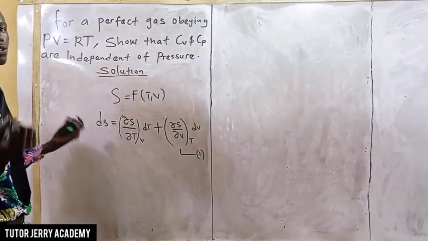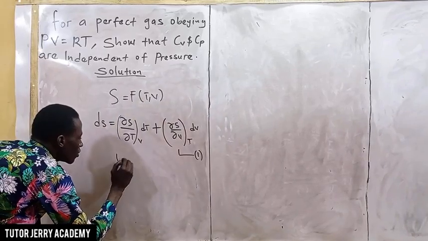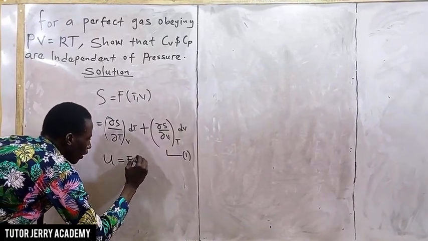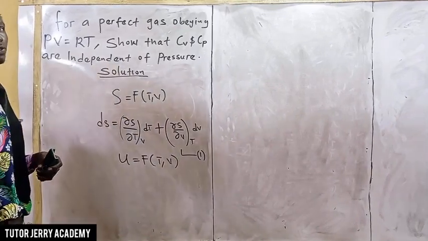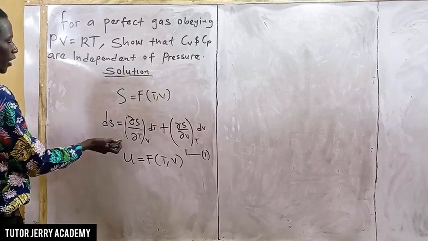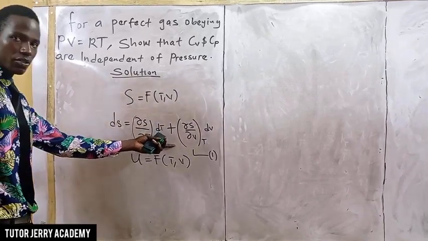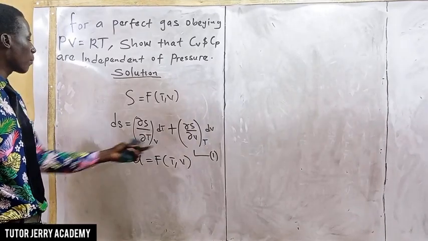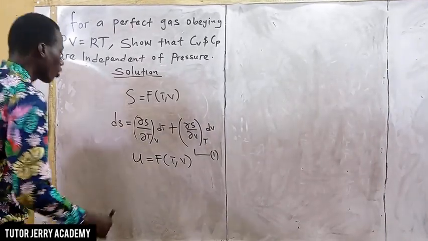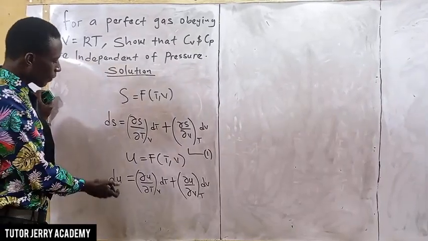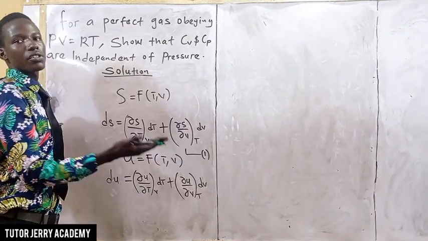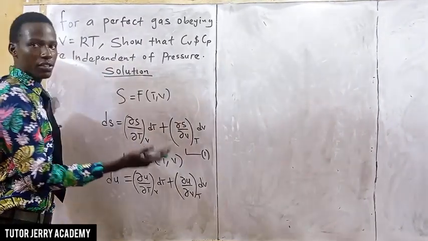Next, we also know that U, which is internal energy, can be written as a function of temperature and volume. We are going to express this in just the way we expressed the change in entropy. We also know from an isochoric process that the partial derivative of U is nothing but Cv dT.